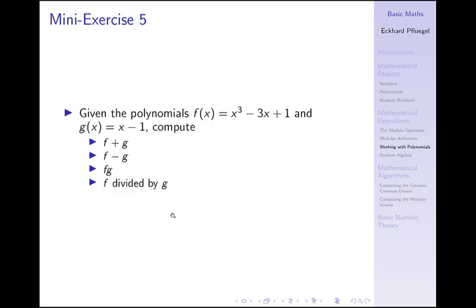You can practice now the polynomial arithmetic based on this mini exercise. So just compute the sum and the difference and the product of those two polynomials, x cubed minus 3x plus 1 and x minus 1. And then also try to divide f by g using the division with remainder algorithm.